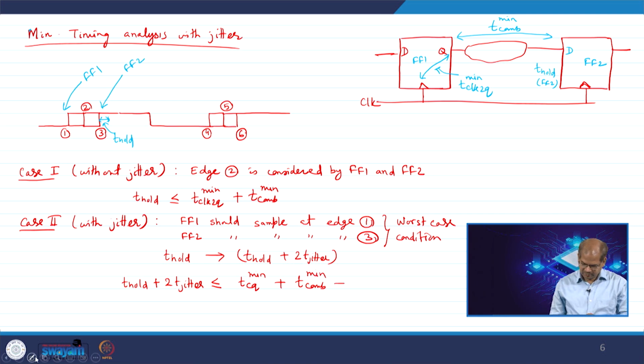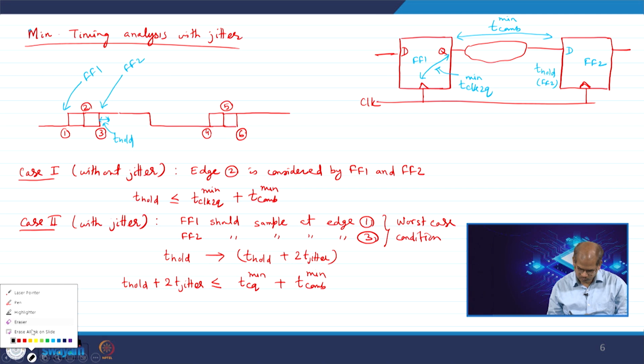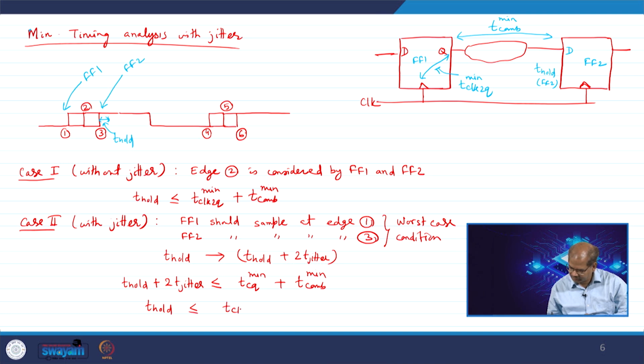This will increase the impact of hold violation. So, now your T hold should be less than or equal to T clock to Q minimum plus T combinational minimum minus 2 T jitter.